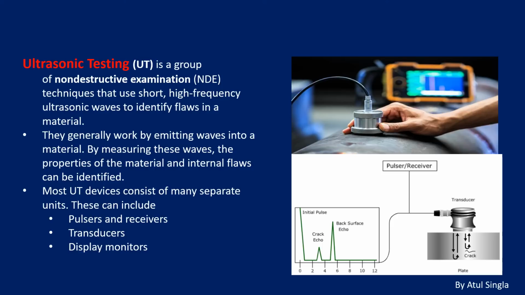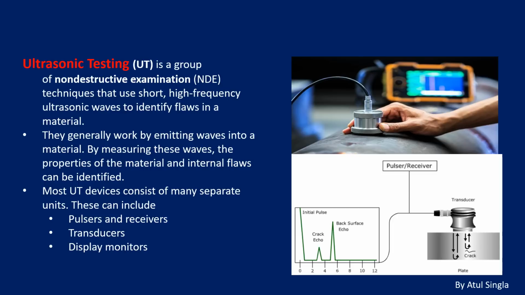By measuring these waves, the properties of the material and internal flaws can be identified, right? These waves can be interpreted on paper or on a computer screen, so that we can see how the pulse is, and whether cracks or defects are there or not.